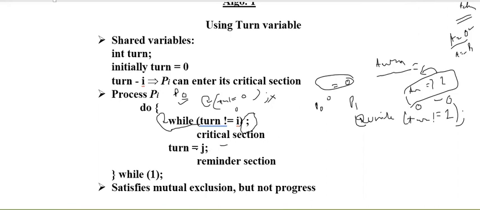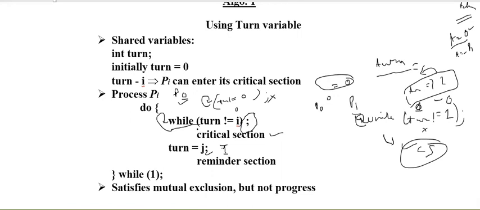In this manner, I can easily perform the processing. Now what will happen after completion of my execution? I'll change the value to the next one. Suppose I have P1, so I'll change it to 1. If P1 is waiting, the turn value is now 1, and 1 is not equal to 1 is false. Hence, this process will enter into the critical section.